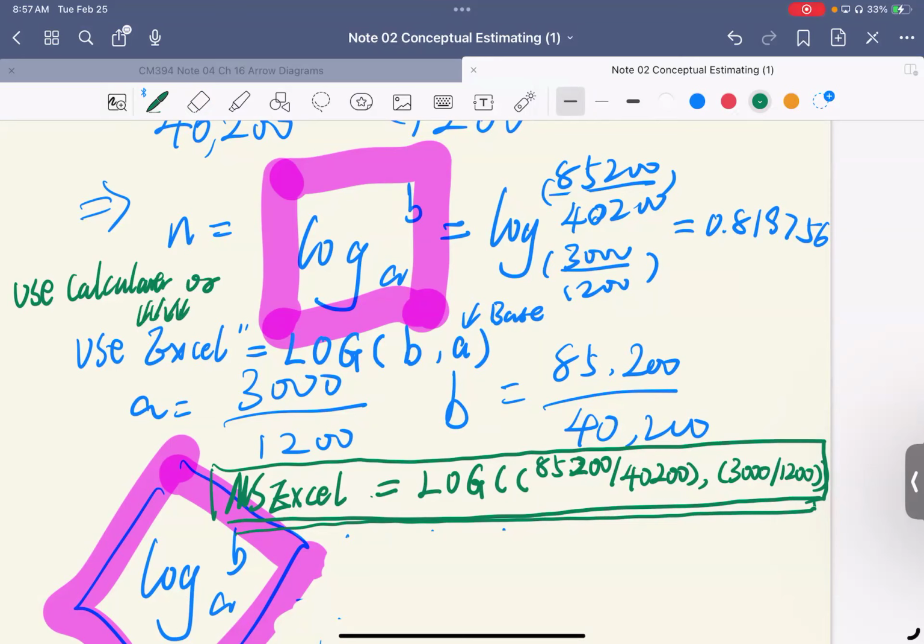Yeah, try with Excel. You don't need the comma. The comma is just like, this is a text. You just put in equal log.